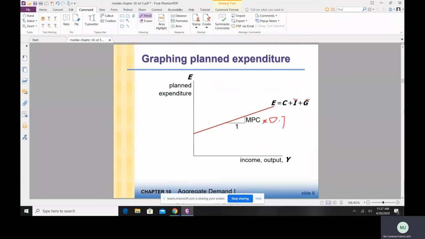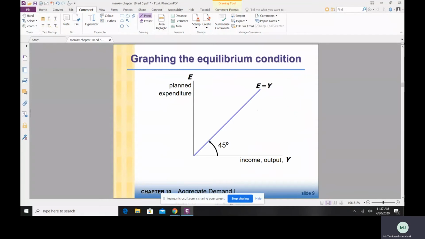अच्छा, so this is all about the planned expenditure curve. Now, here I'm drawing a 45-degree line. देखिए, ये 45-degree line basically show करेगी all the points where E is equal to Y. ठीक है, ये 45-degree line is going to show that if Y is 10, यानी if supply is 10, demand is also going to be 10.